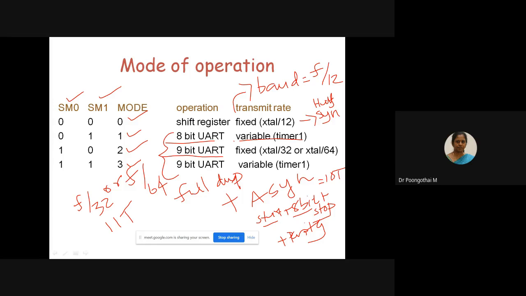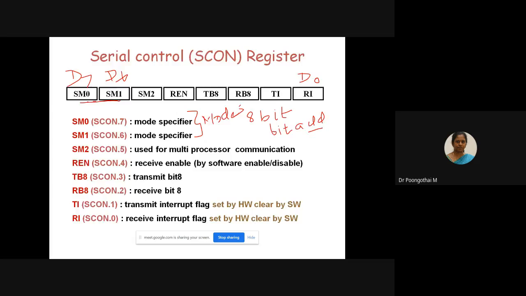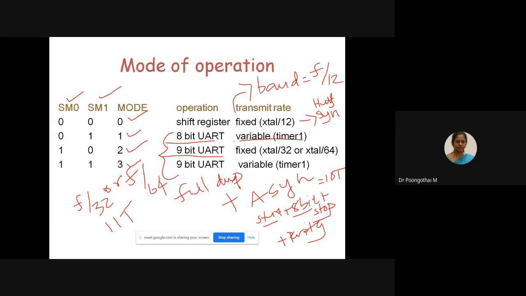The last mode is a 9-bit UART mode following the 11T format, where the baud rate is variable, programmable by using the timer. It is very similar to mode 1. Any doubts related to this?